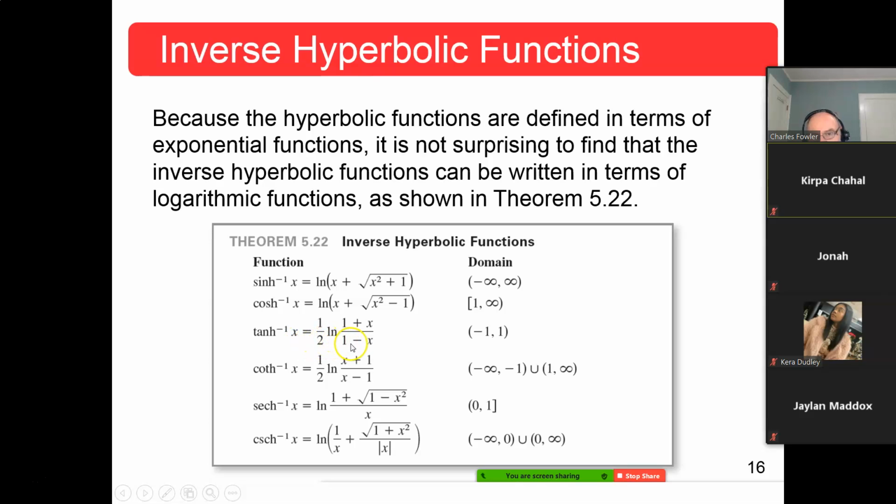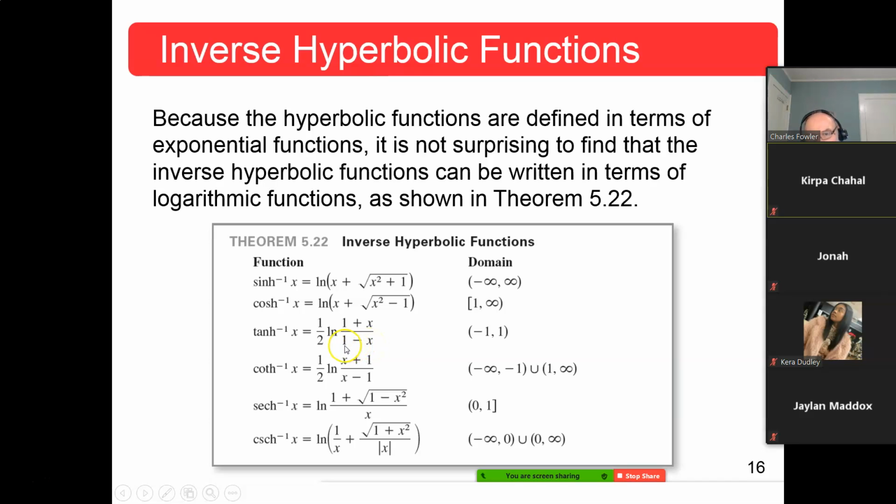Inverse hyperbolic tangent will be 1/2 the log of the quotient of these two. Now, the domain for this definition is from -1 to 1. Obviously 1 won't work because you'd have 0 in the denominator.